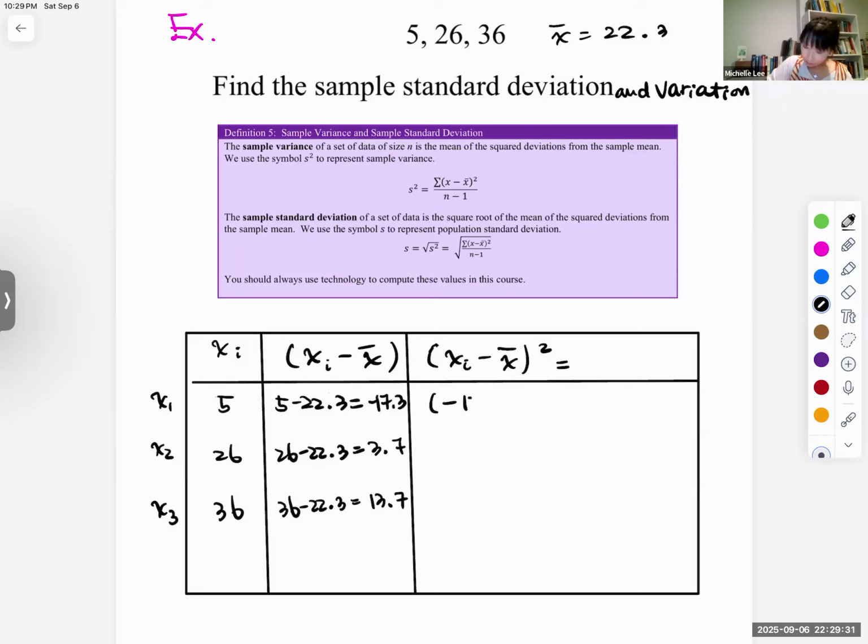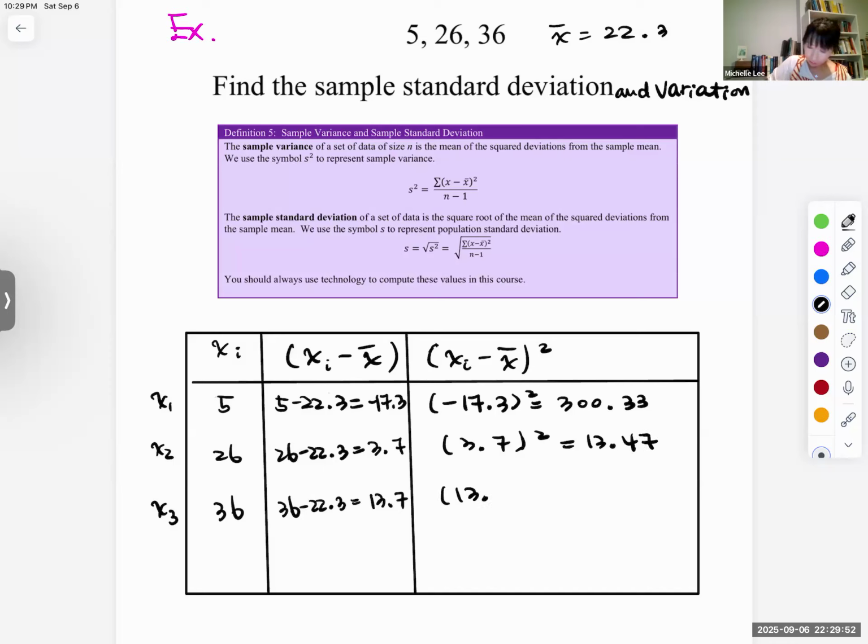Okay, let's square them. So we have negative 17.3 squared. What do you get? 300.33. And we have 3.7 squared, 13.47.